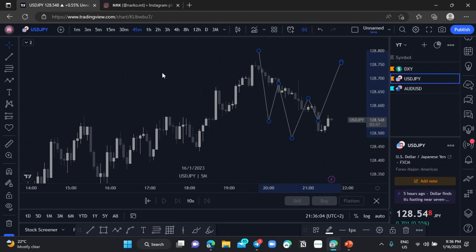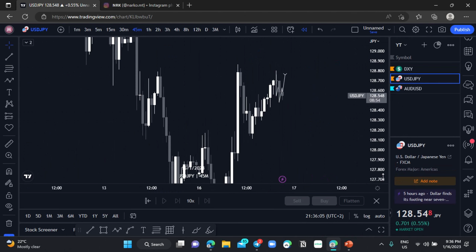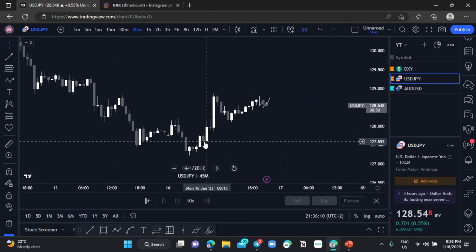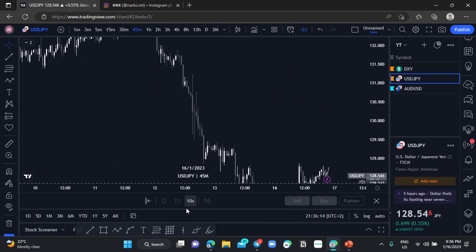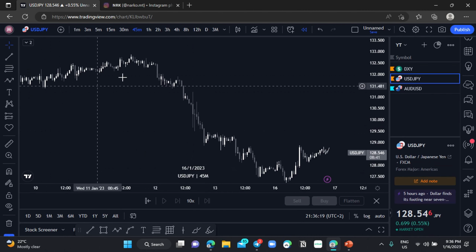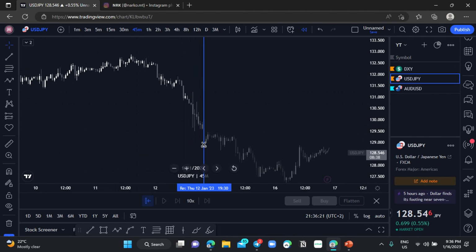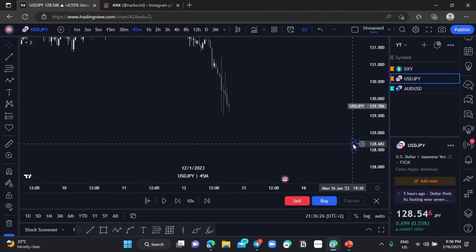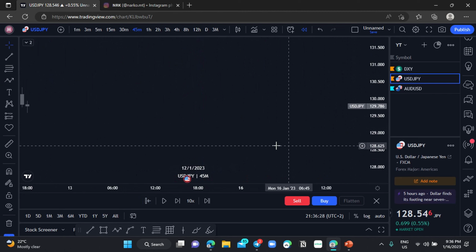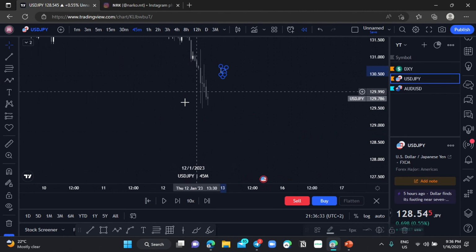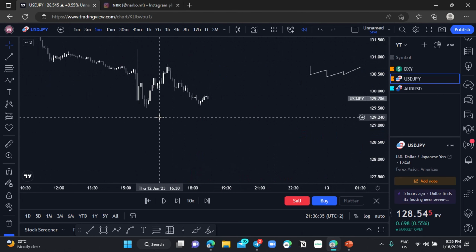Now let me just find when that news was. CPI happened on, I think this is CPI here. Let me just cut here, and this is what we're looking for on the 5-minute chart.